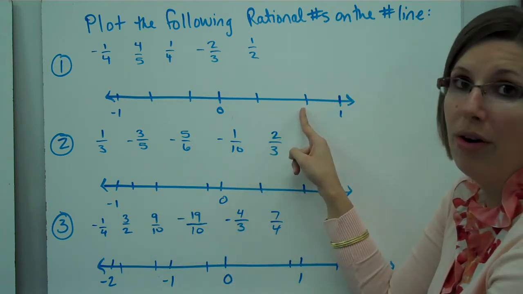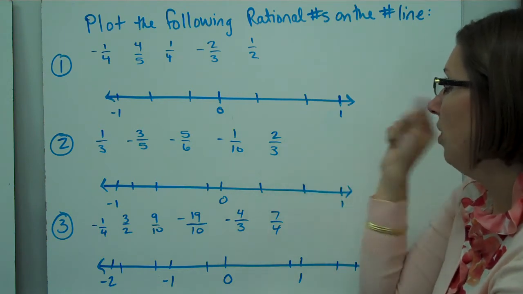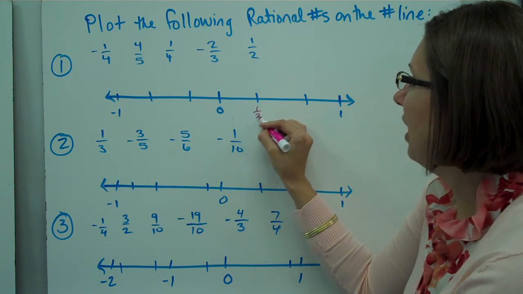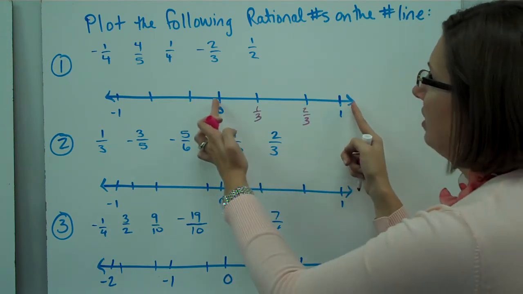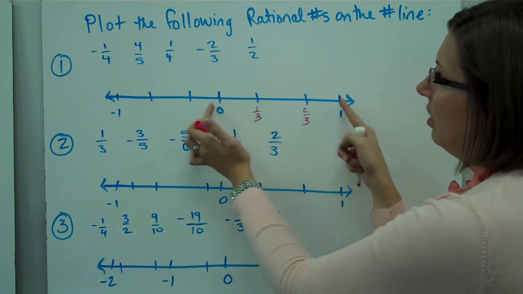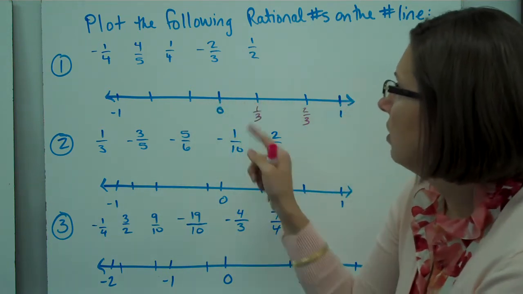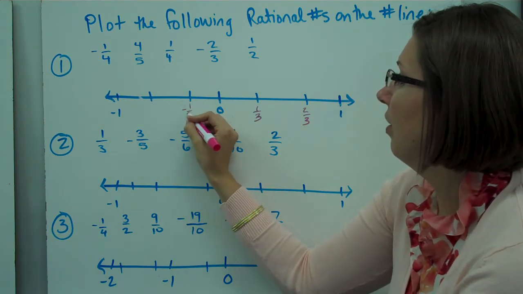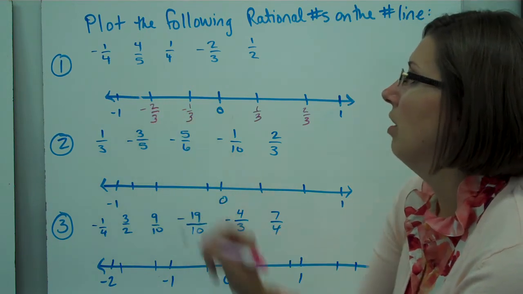This is another third of the way, so I've got 2/3 of the way all the way down to 1. So I know that each one of these pieces is worth 1/3 because I've cut my number line from 0 to 1 in 3 pieces. If I went in the opposite direction, this would be worth negative 1/3 because I'm going in the negative direction, and this would be worth negative 2/3.